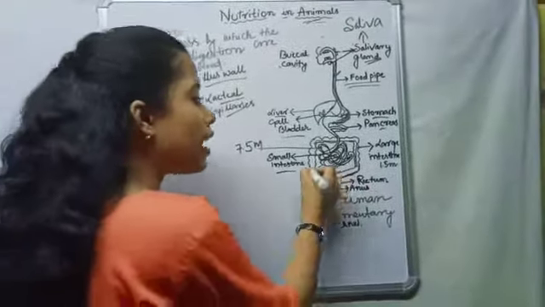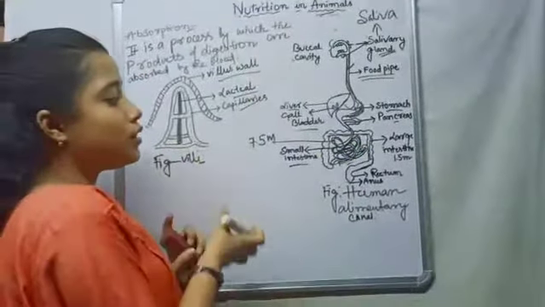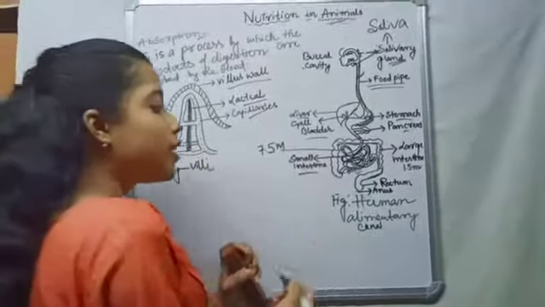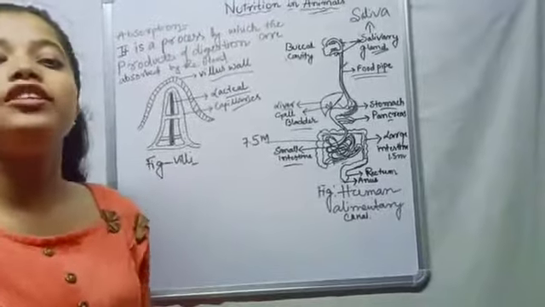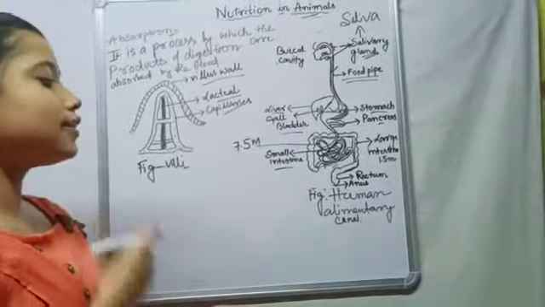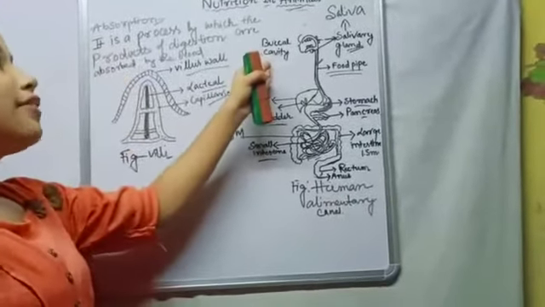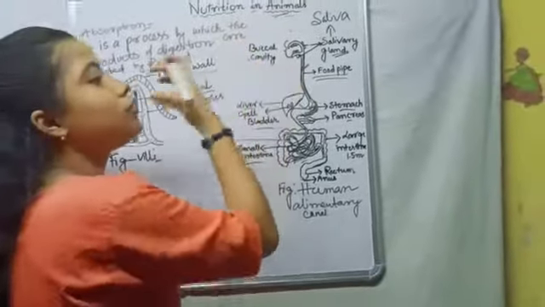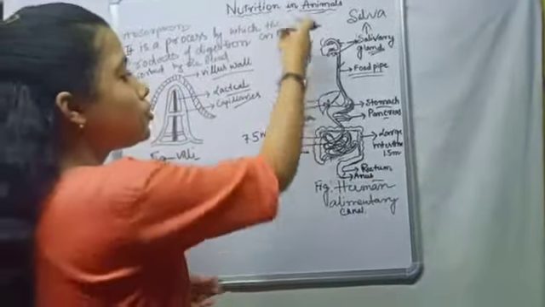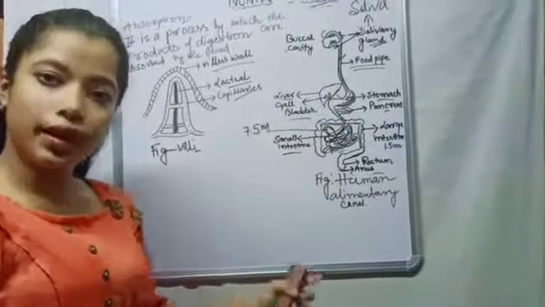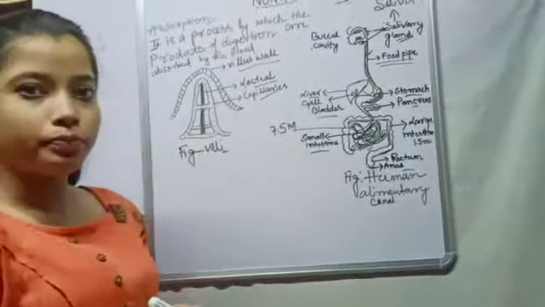Now after the necessary water and salt are soaked out, the remaining part goes to the rectum, where it remains as a semi-solid and is ejected from time to time through the anus. So starting from the buccal cavity where we take in our food and ending in the anus, the whole process of digestion takes place.